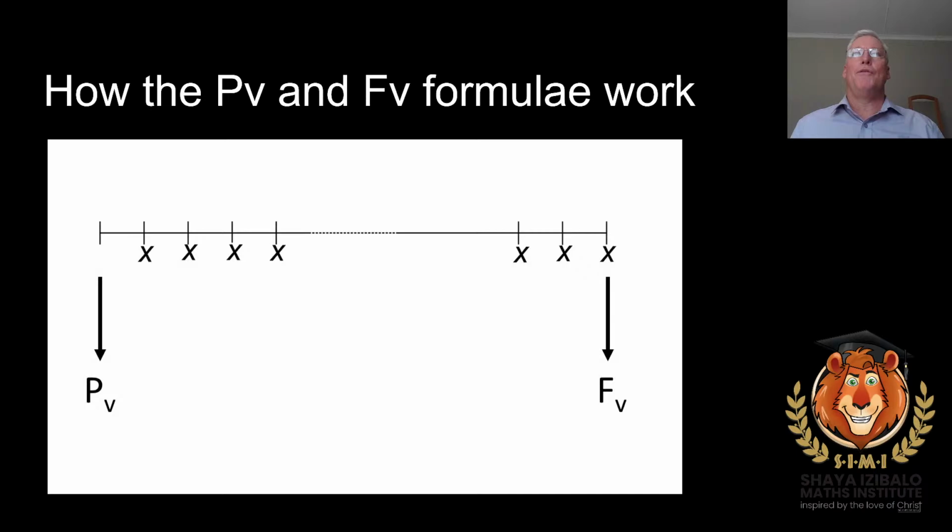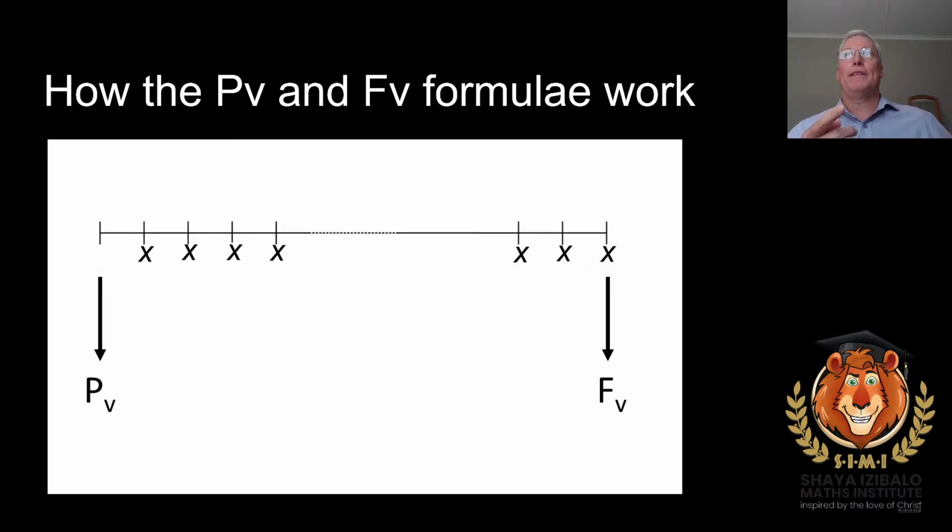Start with the future value formula. With both these formulas, what's happening is we're making regular, equally spaced, equal payments of X, and in both cases we're making those payments into the future. The future value formula, as the name suggests, tells us the value of all those payments with interest as the last payment is made.